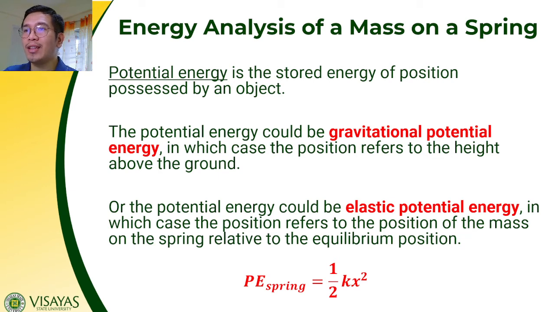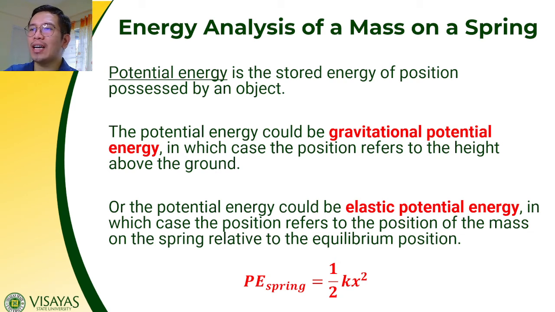The potential energy could be gravitational potential energy, in which case the position refers to the height above the ground. On the other hand, this could be elastic potential energy. In this case, the position refers to the position of the mass on the spring relative to the equilibrium position.